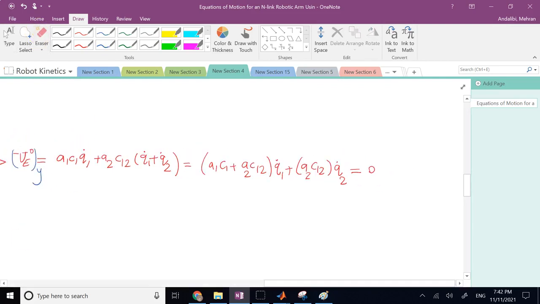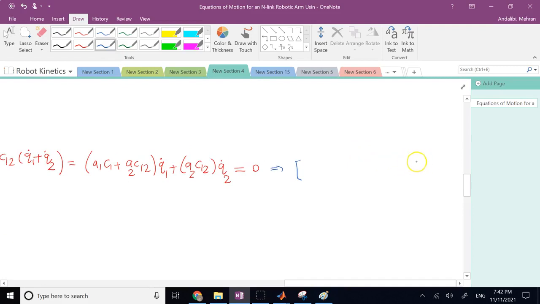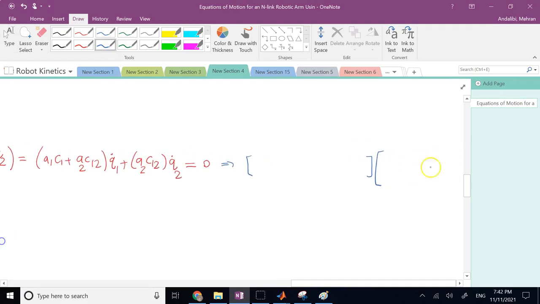Okay, now can I write this as a Pfaffian constraint? For sure. I can write it as some A matrix times vector q dot equal to 0. The matrix is going to be these two coefficients: a1 c1 plus a2 c12, and then a2 c12.